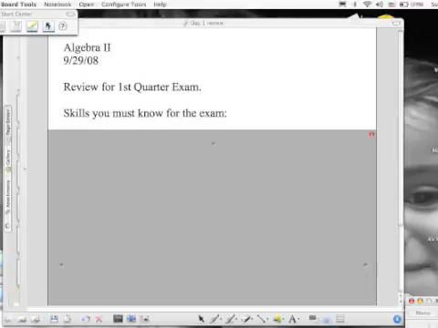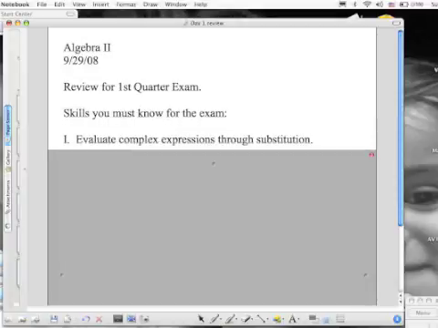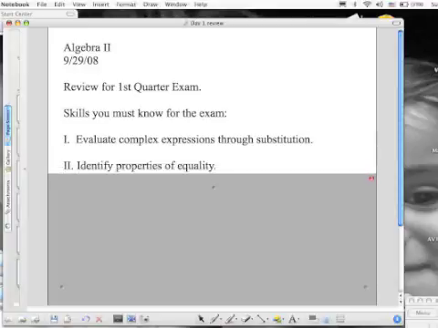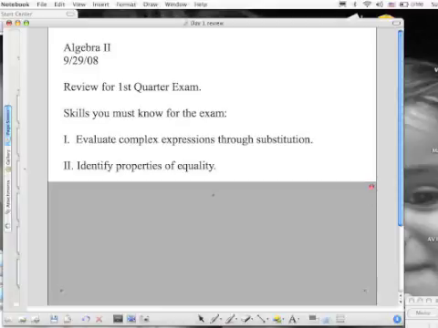The skills that I'm expecting you to know and that you will be tested on Friday include the following. You will need to be able to evaluate complex expressions by substituting. That's the first thing we're going to go over today. You need to be able to identify properties of equality. I will give you statements and ask you what property does this illustrate.